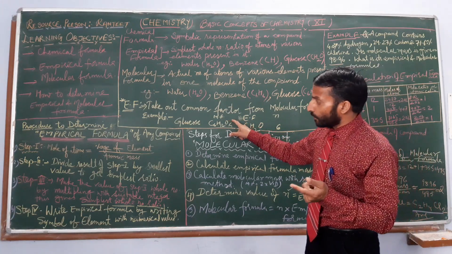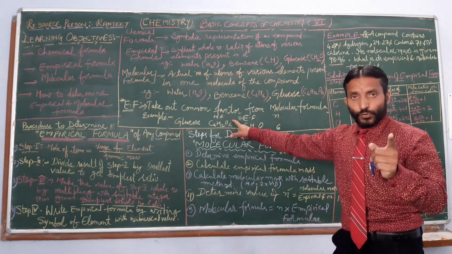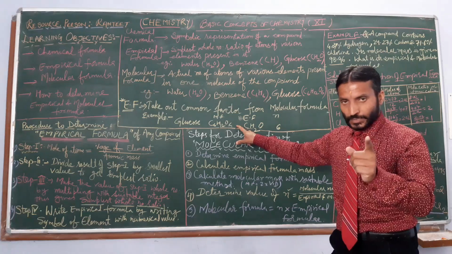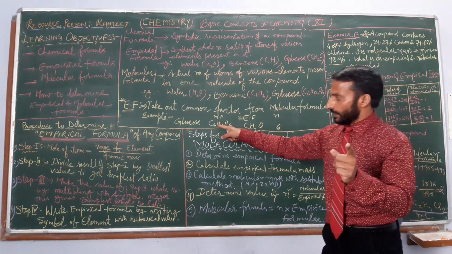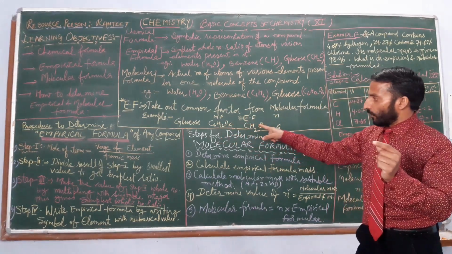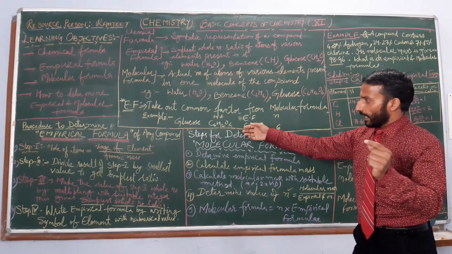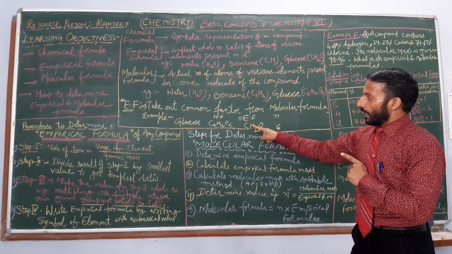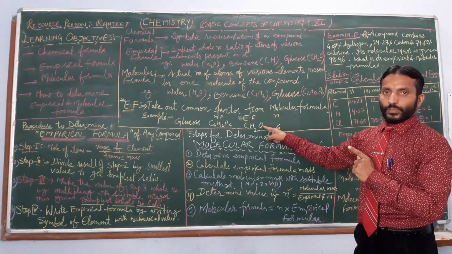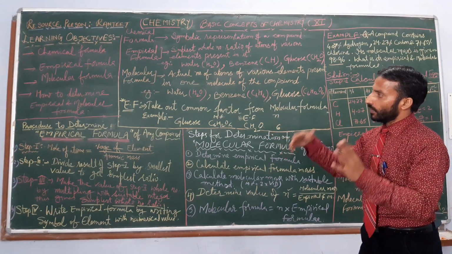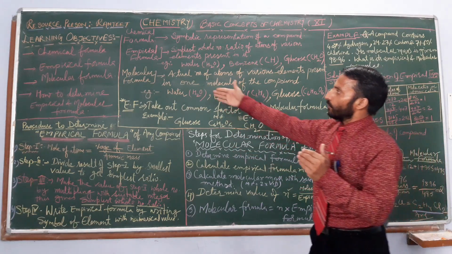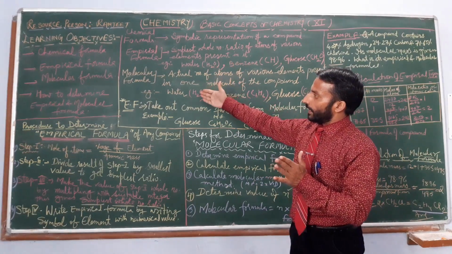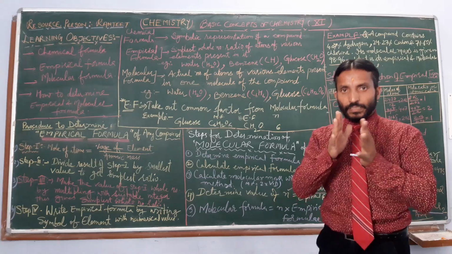For example, in case of glucose, the molecular formula is C6H12O6, and 6 is the common factor. After taking out 6 as common, I got CH2O. So this is our empirical formula. We can do it this way. In case of water, there is no common factor, so empirical formula and molecular formula are the same.